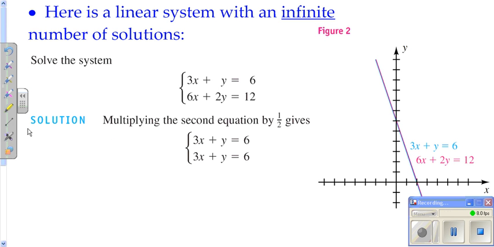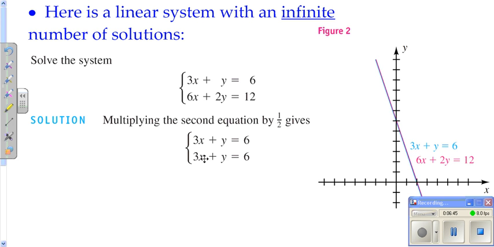Now, sometimes when you're solving a system of equations, you can have more than just one point. Sometimes you can have infinitely many solutions. So here's our initial system of equations. But you notice the second equation here is really just double the first equation. So let's multiply the second equation by 1/2.